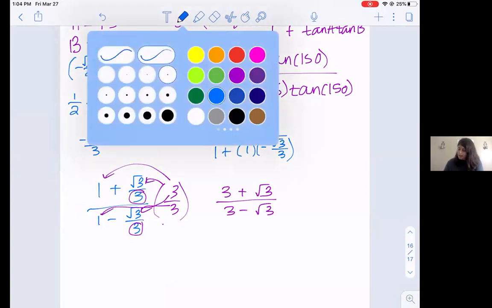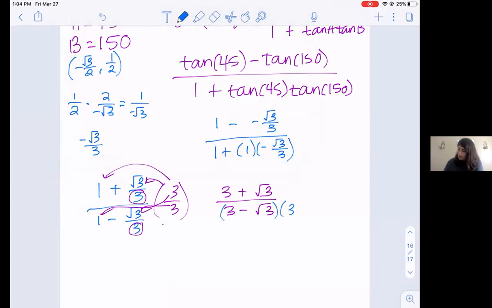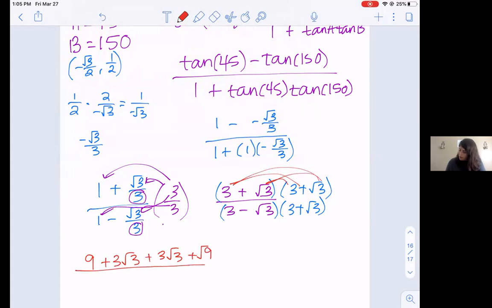As we did in our last problem, I need to multiply by the conjugate of the denominator to get rid of that radical. So that is 3 plus radical 3. I'm going to FOIL, so that is 9 plus 3 radical 3 plus 3 radical 3 plus radical 9 over 9 plus 3 radical 3 minus 3 radical 3 minus radical 9.